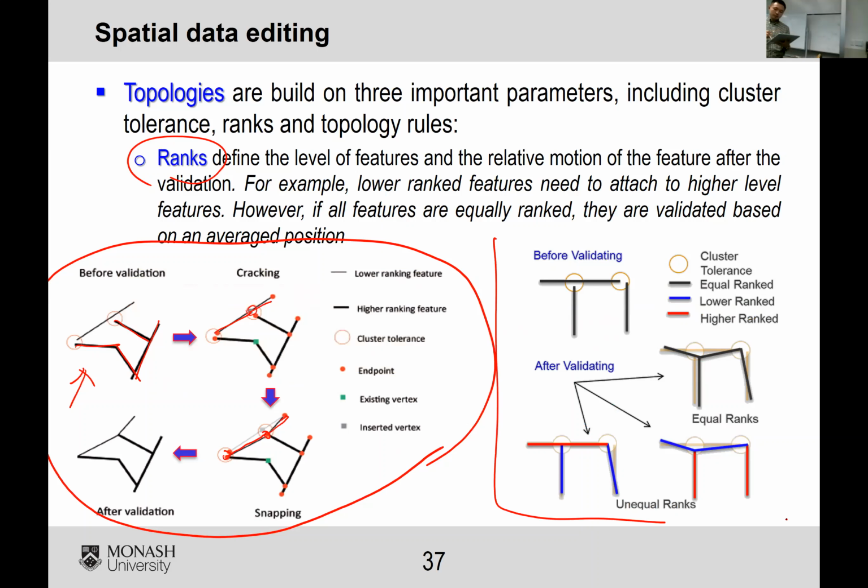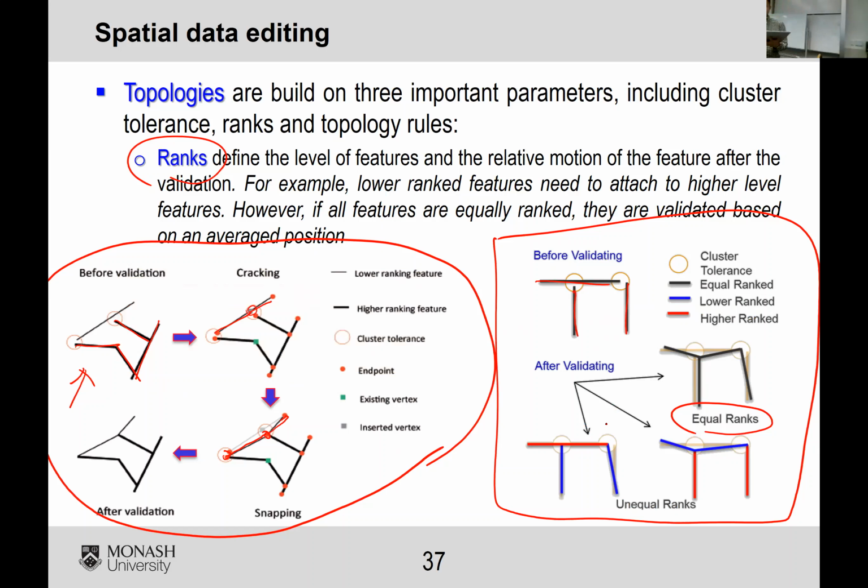So here is another example. If we have three edges, and they all have equal ranks, then you can see the movement of these edges is averaged. All these three edges are moved or cracked to link together.